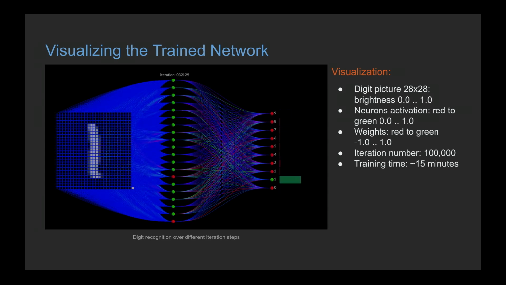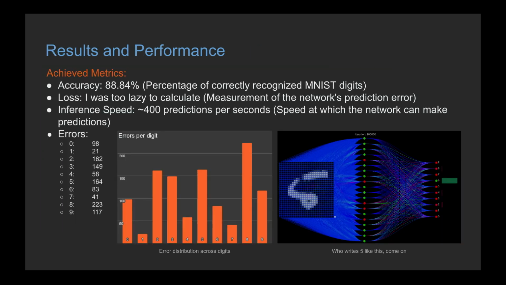It behaves differently for different numbers, so some of them are easier to distinguish than others. And for that, I actually calculated the accuracy of it. So almost 90% of the time, it does a good prediction. And you can also see how many errors it makes for each of the digits there.